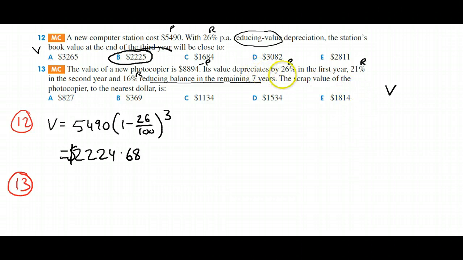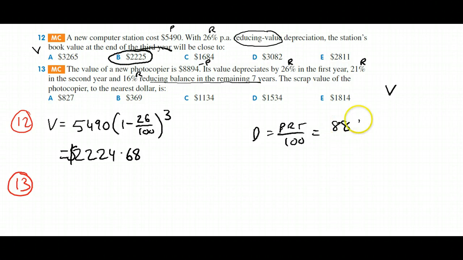So it looks like there's 3 stages here. We've got to do the first year at 26%, so it doesn't matter if it's 1 year, it doesn't matter whether it's reducing balance or flat rate. So let's just do D equals PRT over 100 for the first year.